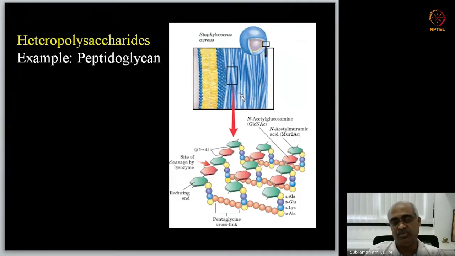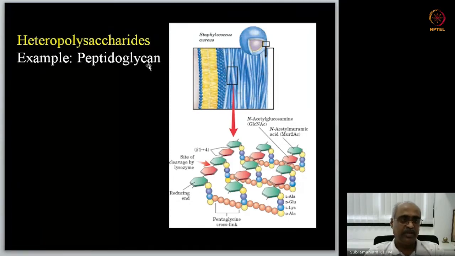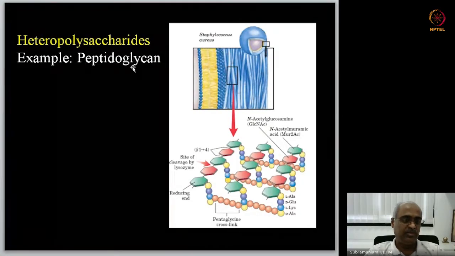Many bacteria, both gram-negative and gram-positive, have these sort of structures called peptidoglycans. So the long chain of carbohydrates is called glycan. Gly is the generic term for any carbohydrate. If it is only glucose, you will say glucan.